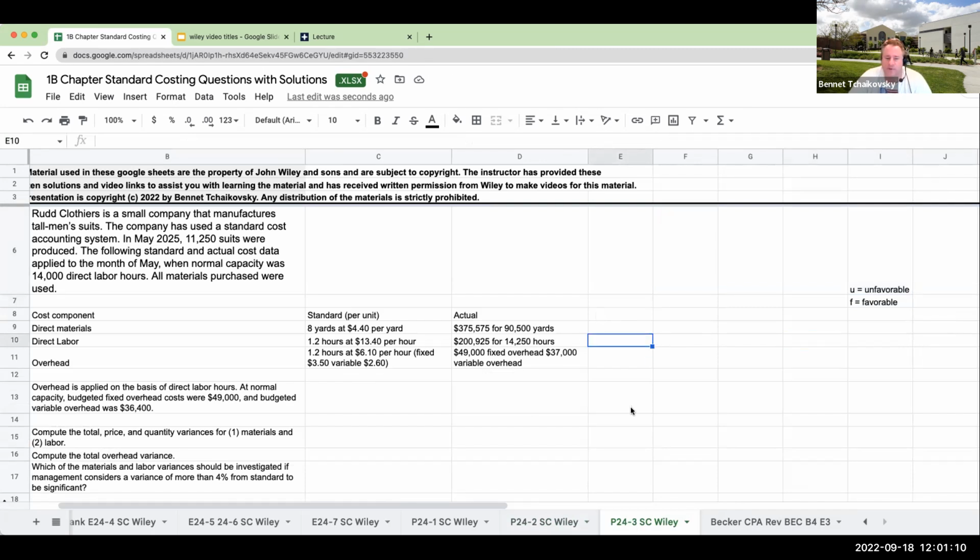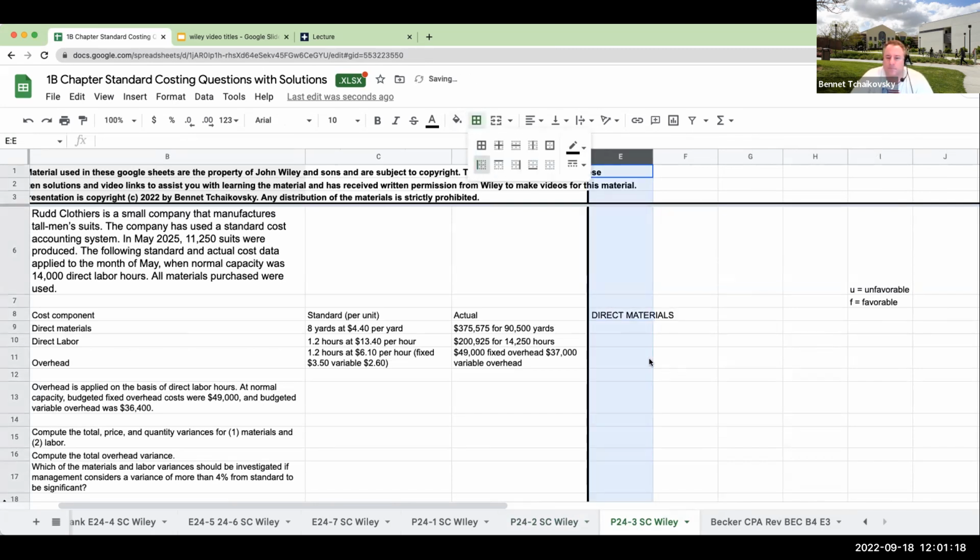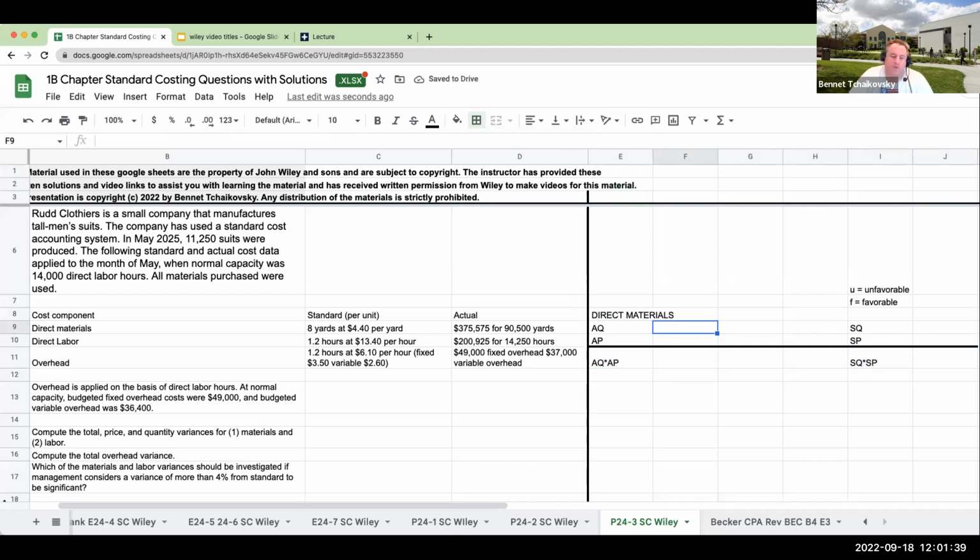So for direct materials, this is going to be my actual quantity times the actual price, compared to my standard quantity times my standard price. I want to compare these two because this tells me my total variance. So again, AQ times AP minus SQ times SP.